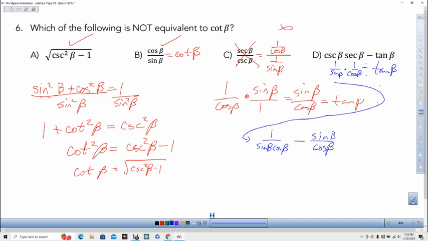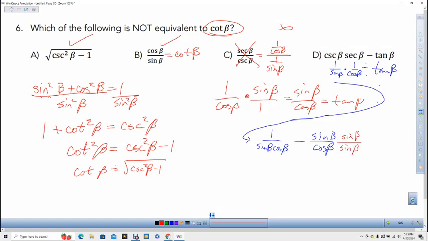We're going to need a common denominator to put these together into one fraction, because we're trying to get it to equal one thing. So we need to make it look like one thing and see if it'll simplify down. That means we're going to need to multiply by sine beta over sine beta.